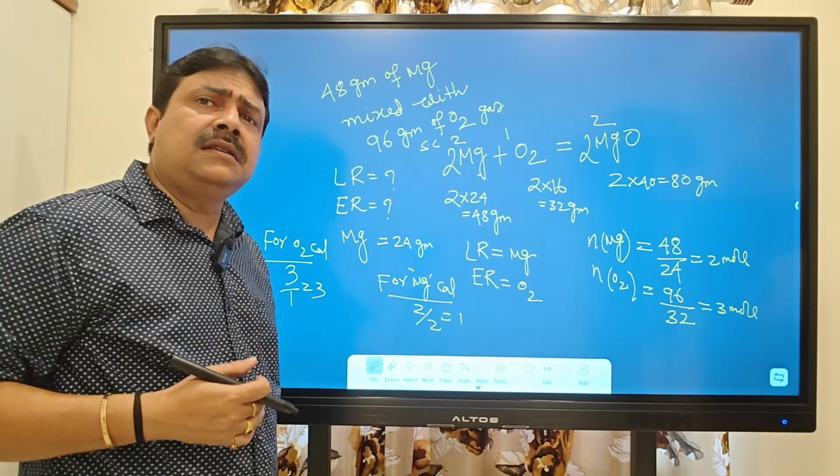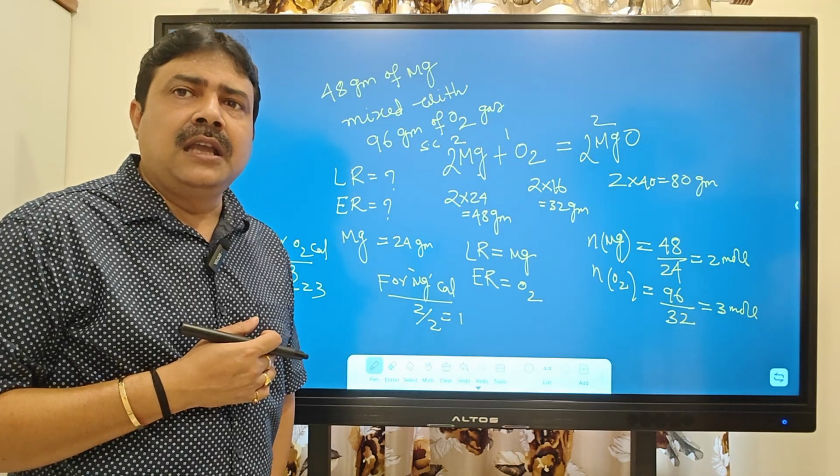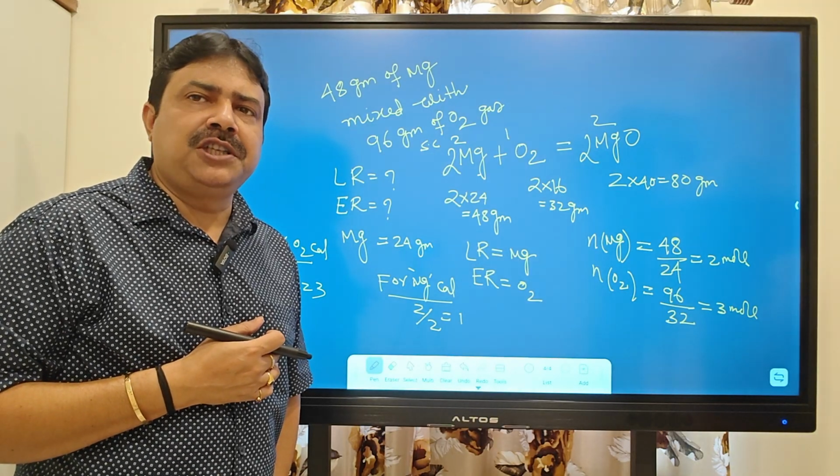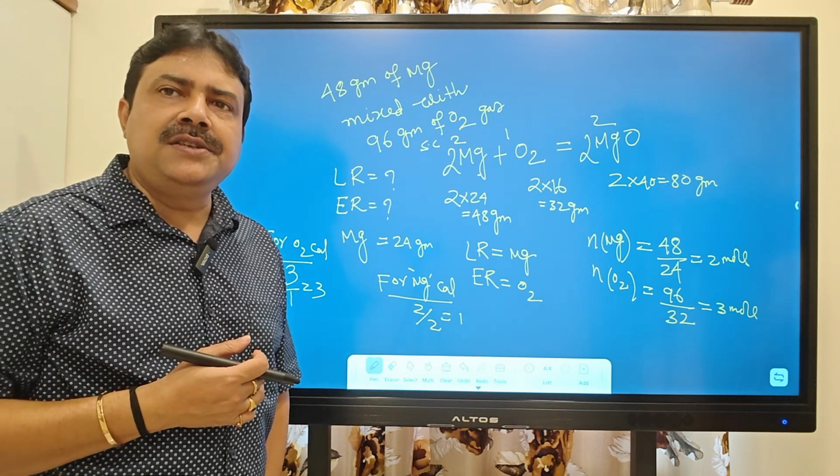Now next, another important stoichiometry related problem we will discuss, which is nothing but the percentage composition problem. Let us look at how to find out the percentage compositions.